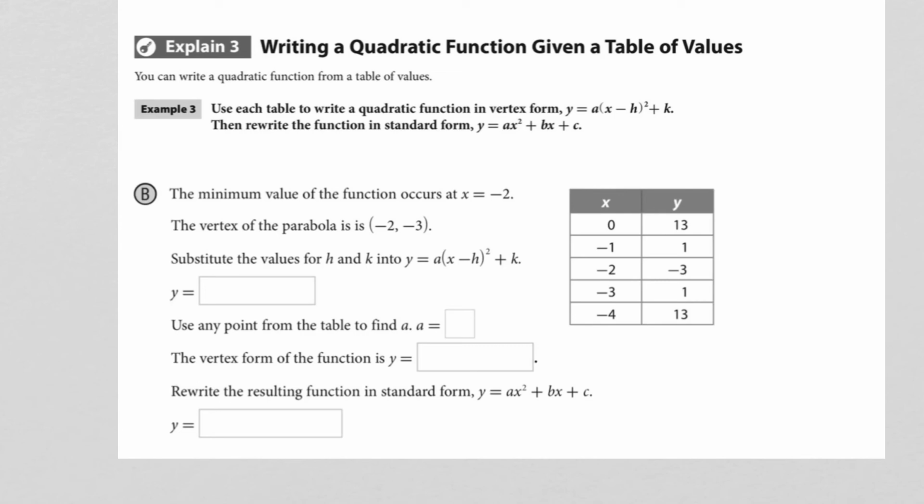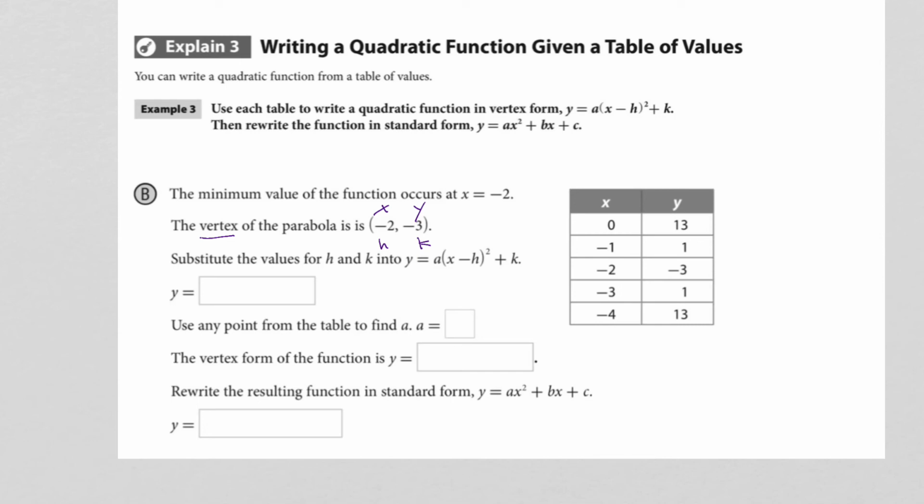Here's a value for x, there's a value for y. They're saying this is the vertex, and these are also otherwise known as h and k from our vertex form. So you know that when x is negative 2, right?